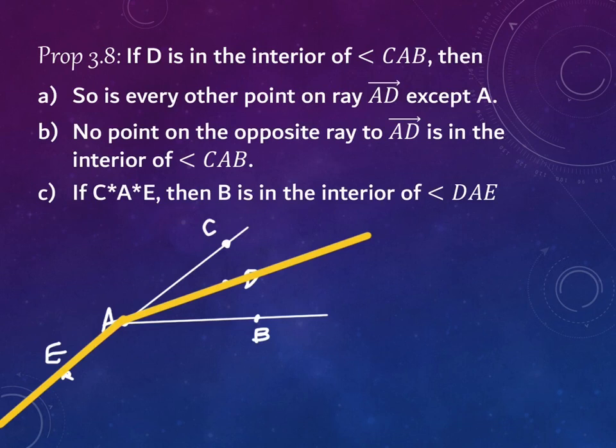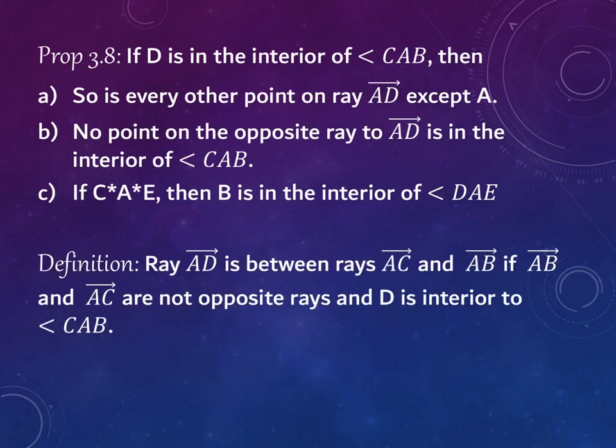All right, we're going to do one more today. It's a definition. Ray AD is between rays AC and AB if, first of all, AB and AC are not opposite rays, and second of all, D is interior to the angle CAB, which was the picture I just had on the screen before.